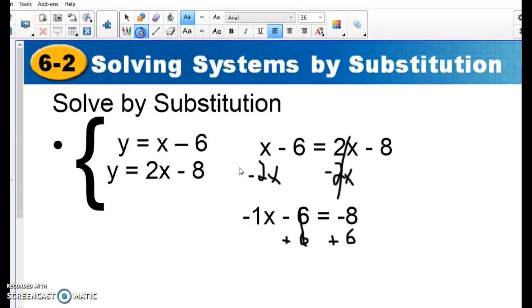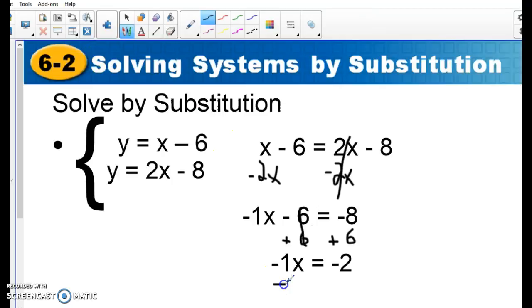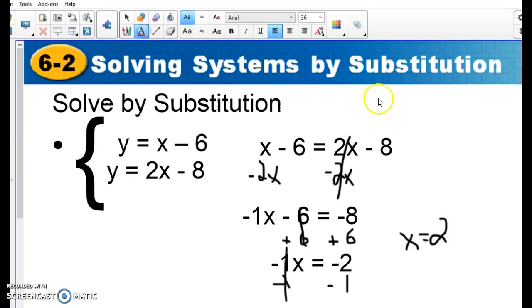Then I'm left with negative 1 times x equals negative 2. That's negative 1 times x, so I need to divide by negative 1 on both sides. Negative 2 divided by negative 1 is a positive 2. So now I know one of my answers: x is 2.